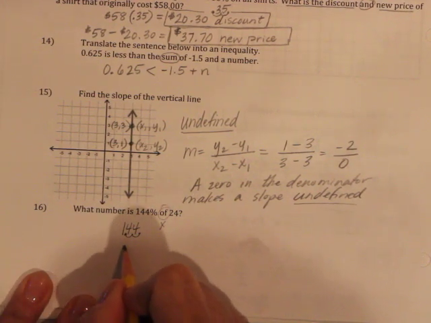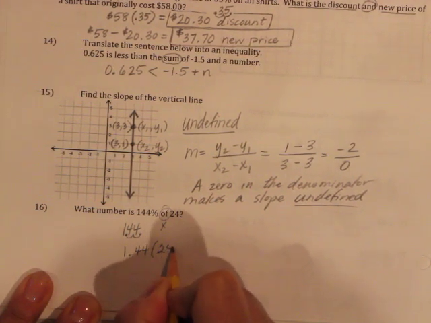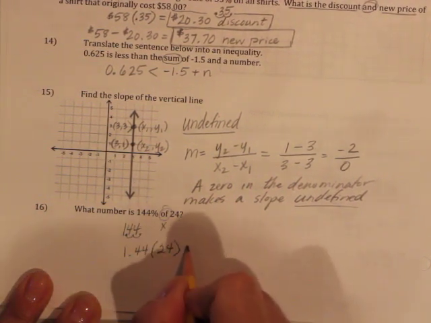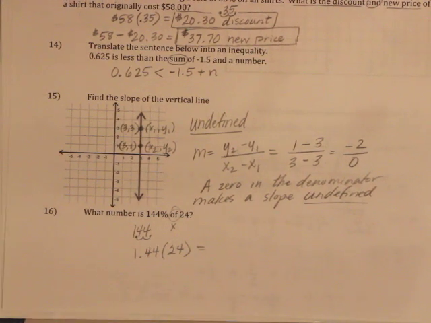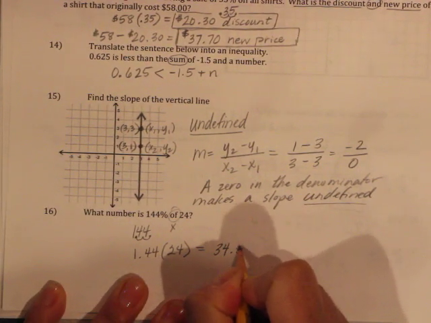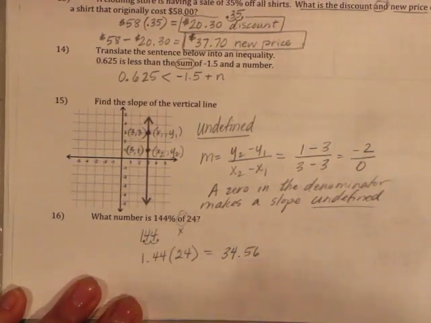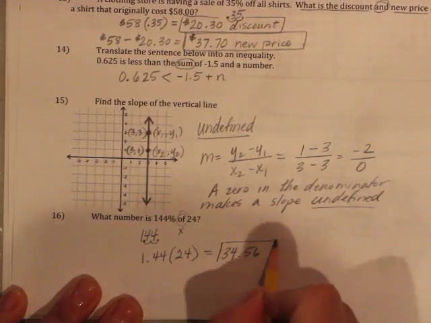So what is basically 1.44 times 24? 144% of 24 we would calculate by doing 1.44, which you're welcome to do on your calculator, times 24, and we get 34.56. Please show me all of this work for a full credit answer. This is the answer. All right, gang, almost done.